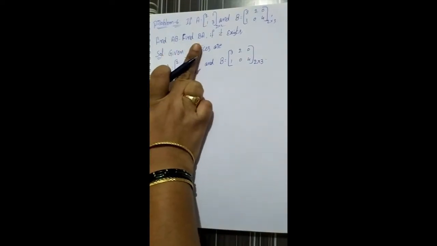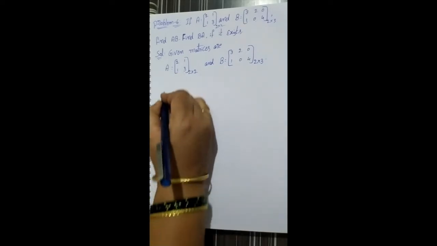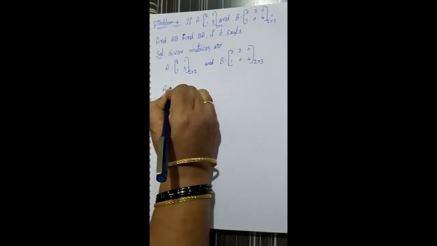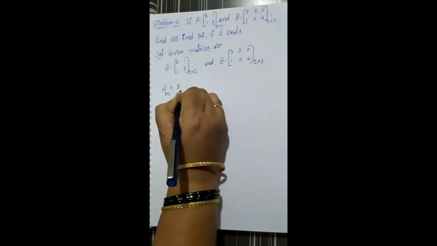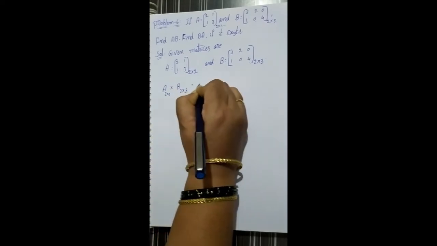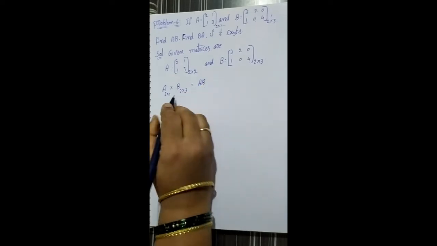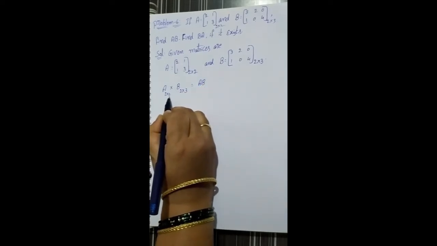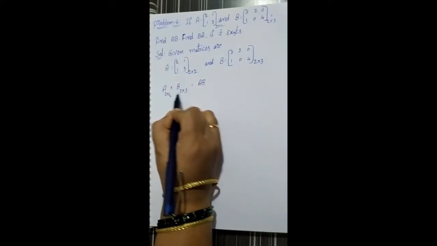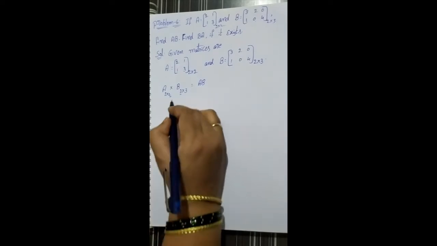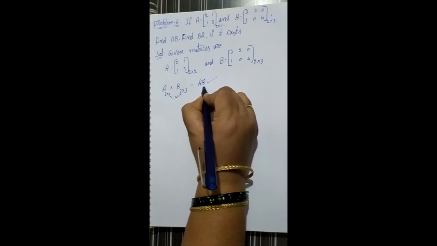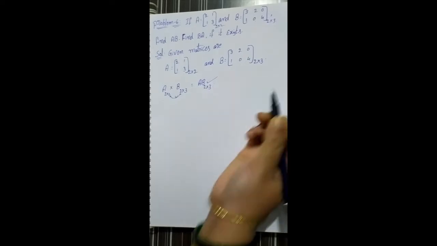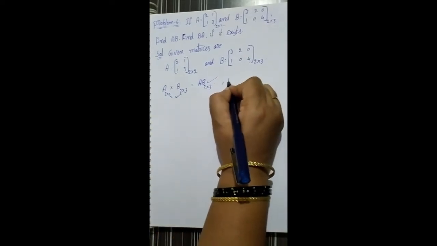First we can find whether AB and BA both exist or not. Then AB, that is A into B. A of order 2 by 2, B of order 2 by 3. Then does AB exist? The number of columns of the first matrix and the number of rows of the second matrix are equal. Then AB also exists with order 2 by 3. Similarly, BA.